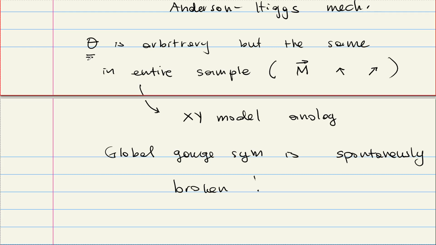In a little bit you are going to see this gives rise to things like flux quantization, and later we'll see the Josephson effect. If two superconductors are in contact with different theta, there is going to be a current, and this current is experimentally measurable. But in a bulk superconductor, this is arbitrary.